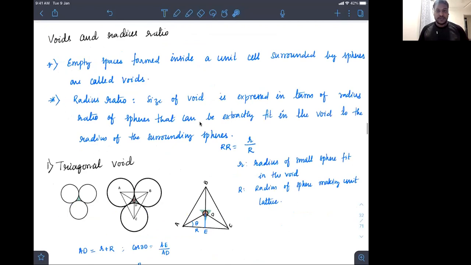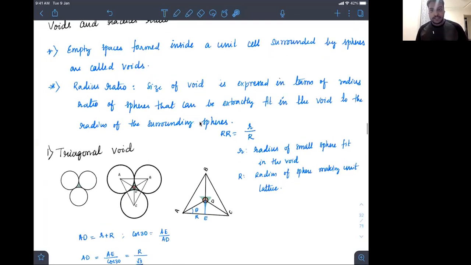Let us understand what is the limiting ratio or the radius ratios which are present in the voids. See, every empty space which is present after the formation of the unit cell, within that unit cell, we call them as voids. Okay.